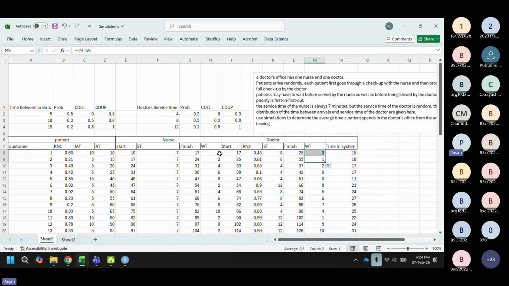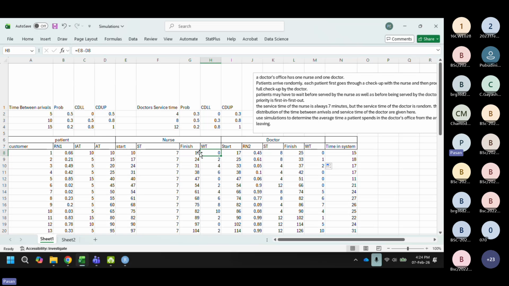I can define it as the difference between the arrival time and the start time. You can see the patient arrived at 15 but started at 17. The difference between those two becomes the waiting time here.